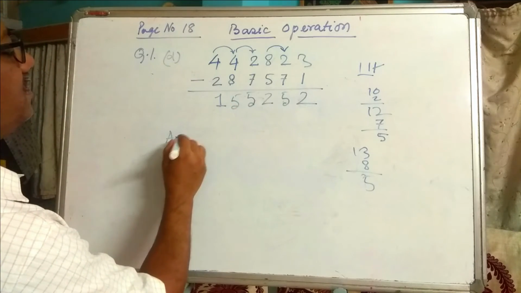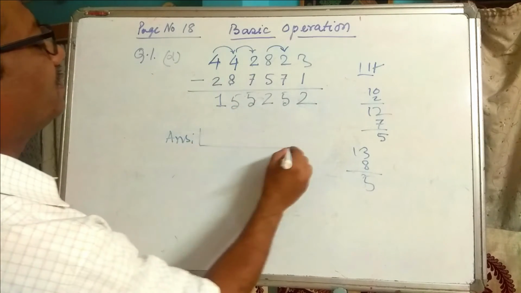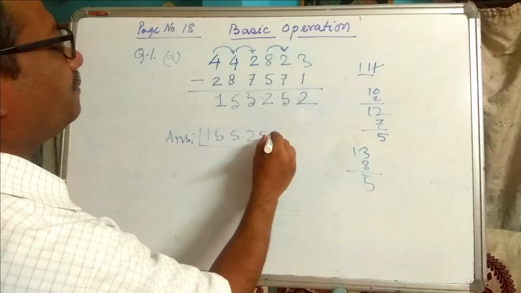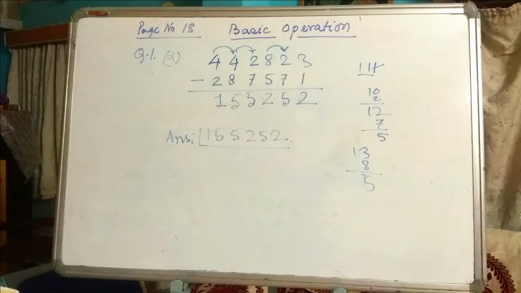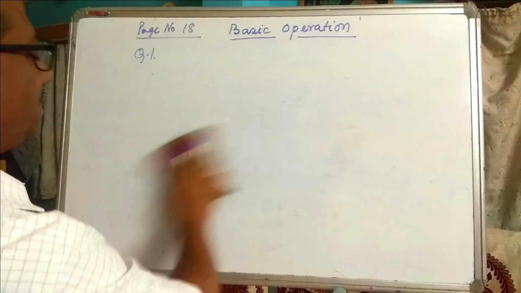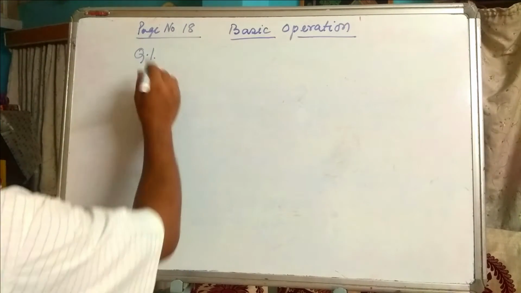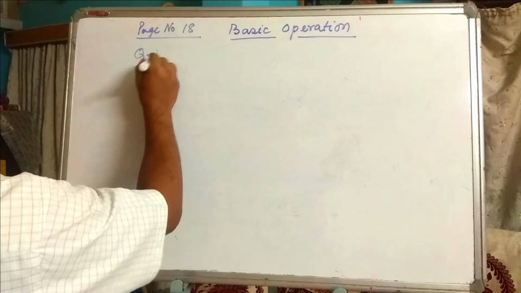So the answer is 1, 5, 5, 2, 5, 2. This is the answer. Note it down. There are 2 other sums. You do them yourself.